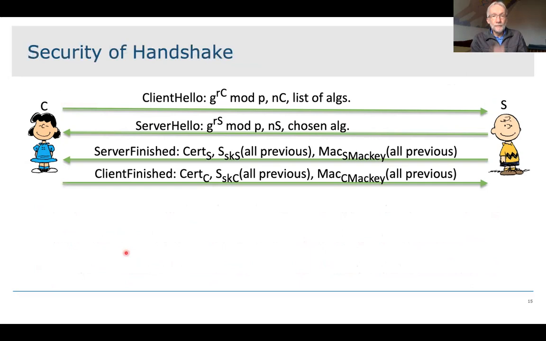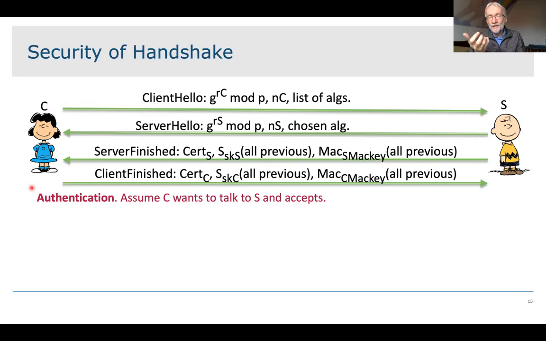So here's the protocol again. For the authentication, you might remember that the definition is phrased in terms of which security guarantees I, as a participant in the protocol, can expect to get, assuming that I accept the protocol and output a key. Here we see things from the client point of view.